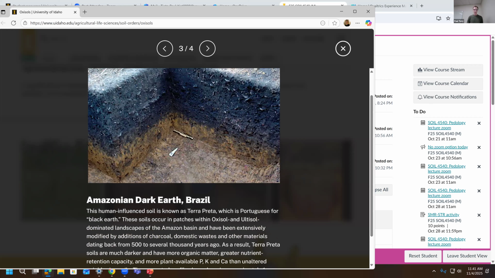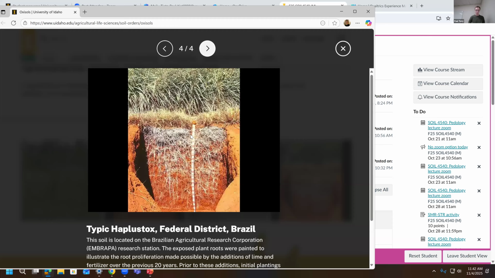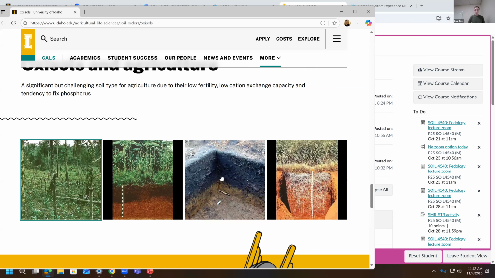Oxisols or ultisols dominate the landscapes of Brazil. This terra preta is an artificial material made of charcoal, other waste products, burned or put in a kiln together, and repeated additions over hundreds to maybe thousands of years, dating back a really long time, have added a lot of nutrients, organic matter, mineral, like essential plant nutrients to the soil, with a pretty dramatic difference between soils that receive this amendment and soils that have not.